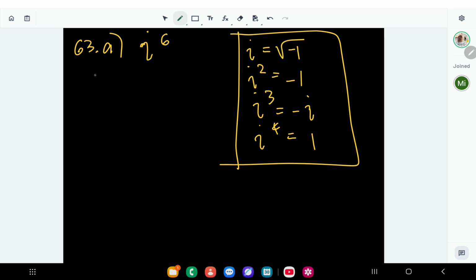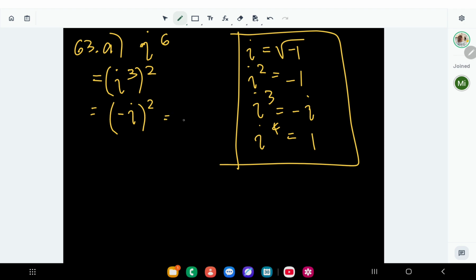In this case, we have 6 as exponent. So you can write this as i cubed, squared, power to power rule. So this would become -i squared. What is that?